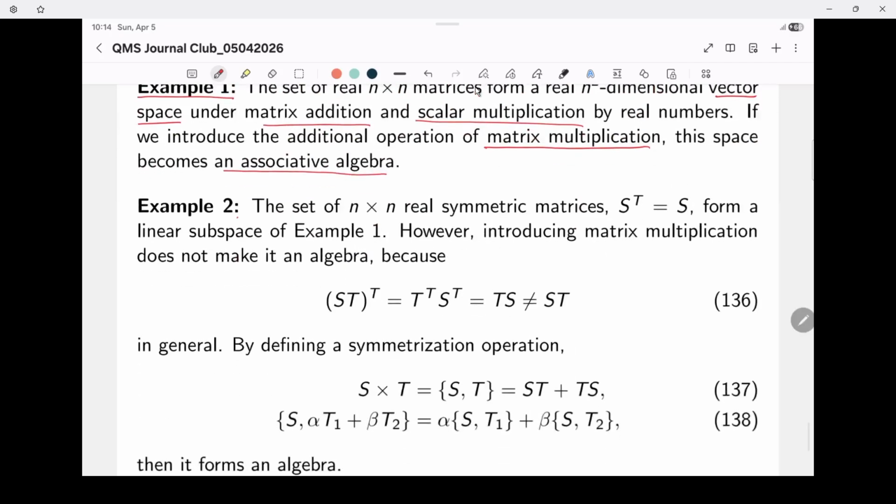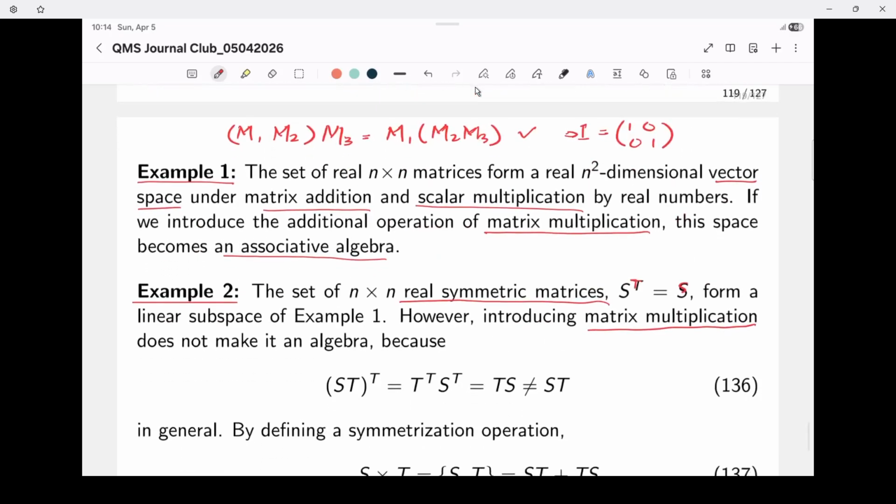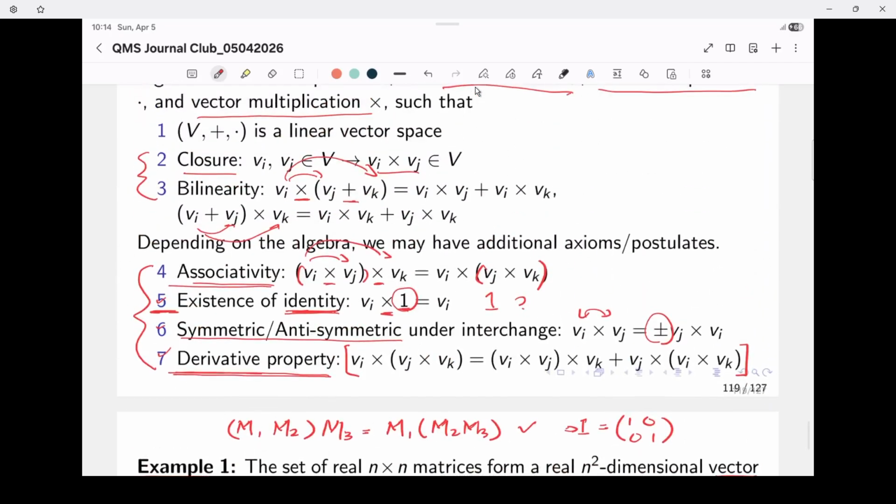So example number 2. We can consider the set of real symmetric matrices. What is a symmetric matrix? Basically, it means that when you transpose the matrix, it goes back to the original matrix. But when we try to introduce matrix multiplication, we find that it does not become an algebra because it doesn't satisfy the closure property.